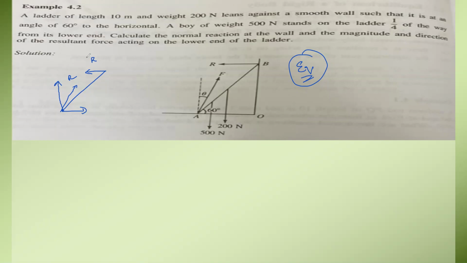If only two forces were acting, then the resultant force would be the same as the inclination of the ladder. But because the ladder experiences a normal contact force or reaction force from the wall, the inclination of the resultant force will slightly change.